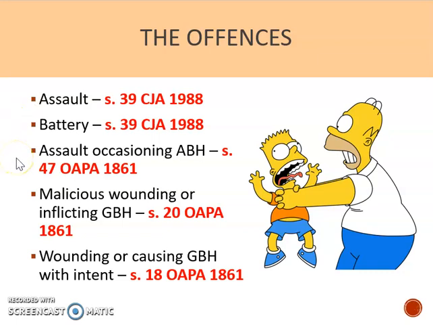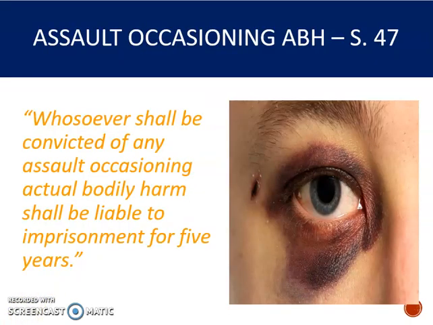Today we're going to be looking at assault occasioning ABH under section 47, which jumps up from 6 months for these to 5 years. In the next video, we'll be looking at section 20 and section 18 GBHs, and they are 5 years and life as maximum sentences.